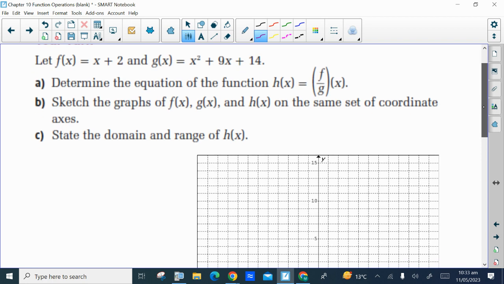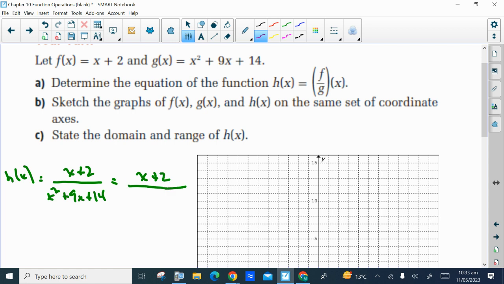So on the next page, again, we want to go F over G. So it's x plus 2 over x squared plus 9x plus 14. Again, the degree of the top is less than the bottom, so the x-axis will be a horizontal asymptote.